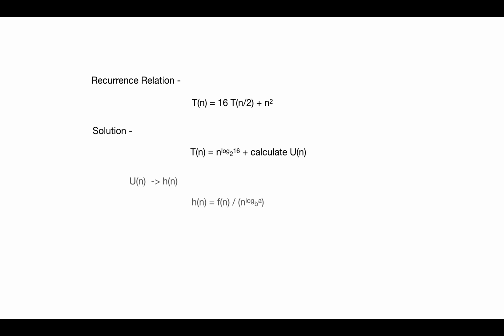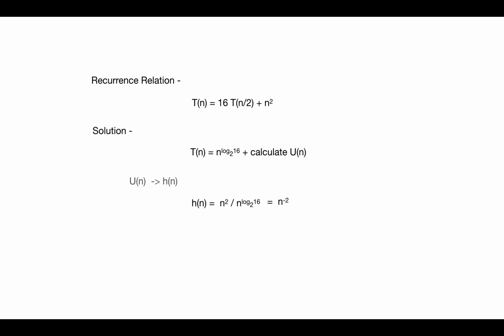If we calculate h(n), we have n^2 divided by n^(log_2 16). Log 16 base 2 is 4, so it becomes n^4, and n^2 divided by n^4 is 1 divided by n^2, which is n^(-2).